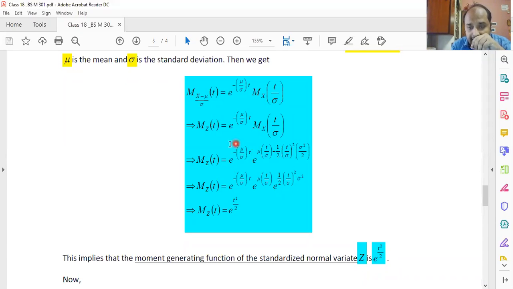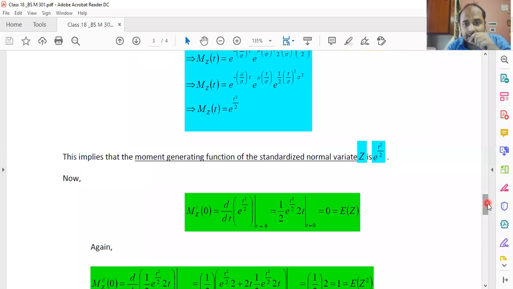Now this expression and that expression taken together will give you e to the power minus mu T by sigma plus mu T by sigma, which is e to the power 0, that is 1. And here sigma square and sigma square will cancel each other. That will be exponent of T square by 2. So we have found that the moment generating function of the standard normal variate capital Z has the expression e to the power T square by 2.